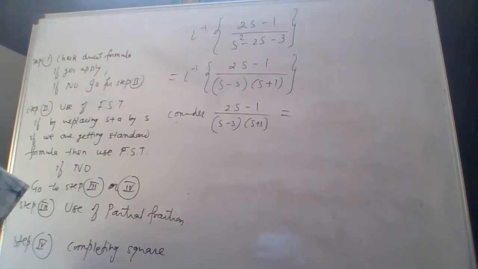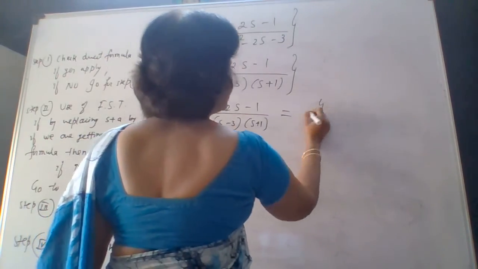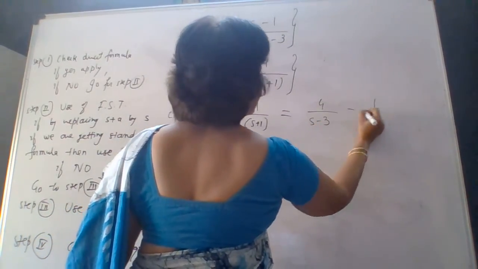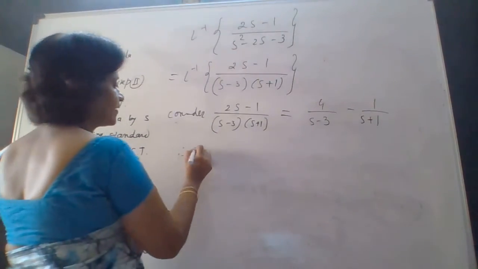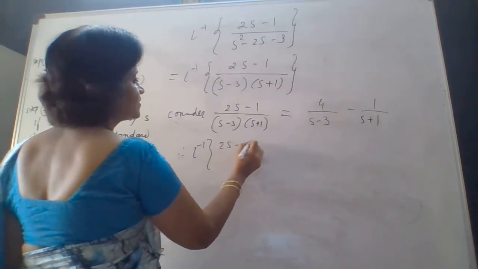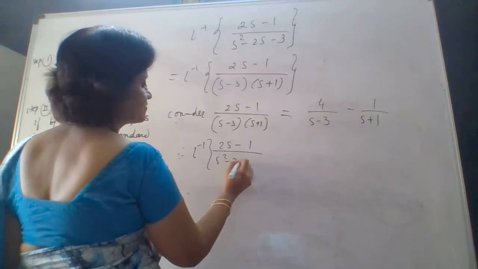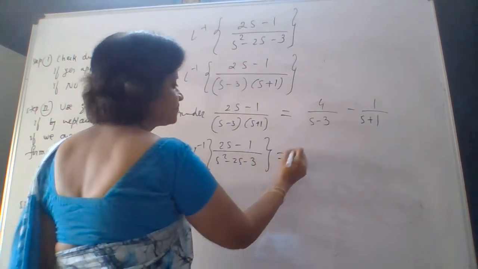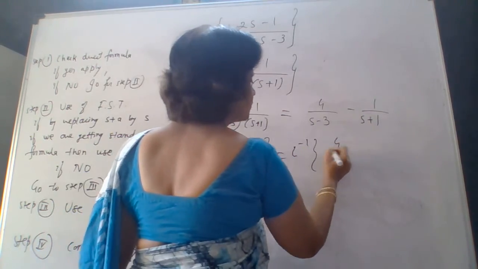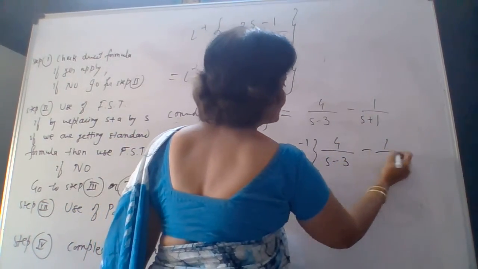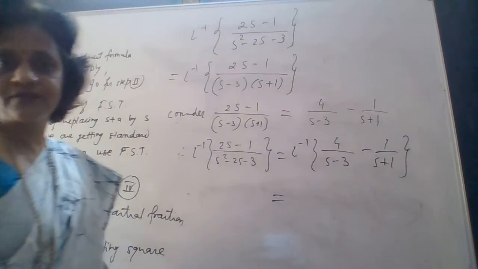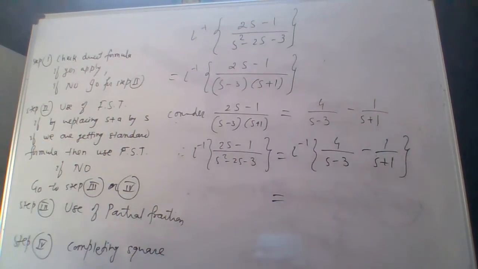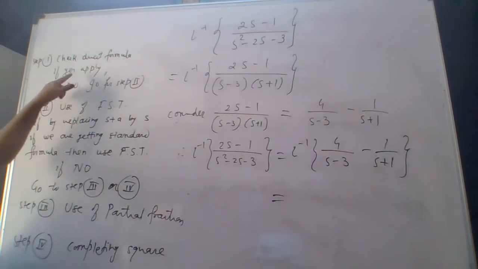If you go for partial fraction, you are going to get 4 upon (s minus 3) minus 1 upon (s plus 1). So L inverse of (2s minus 1) upon (s square minus 2s minus 3) is L inverse of 4 upon (s minus 3) minus 1 upon (s plus 1). After the partial fraction method, what we are getting is step 1.